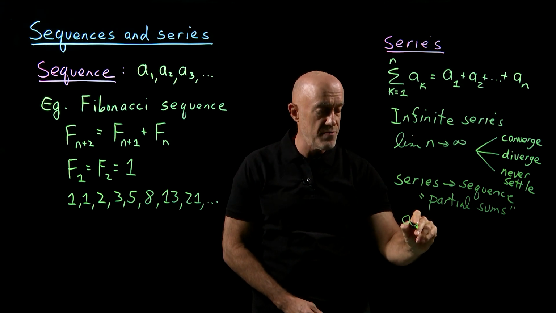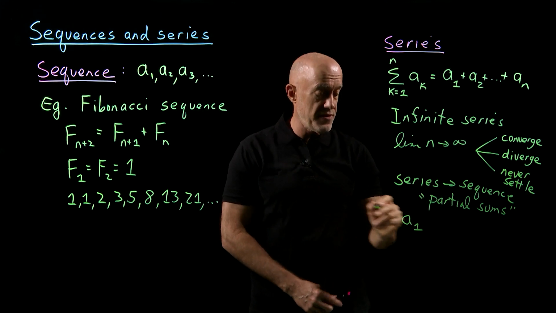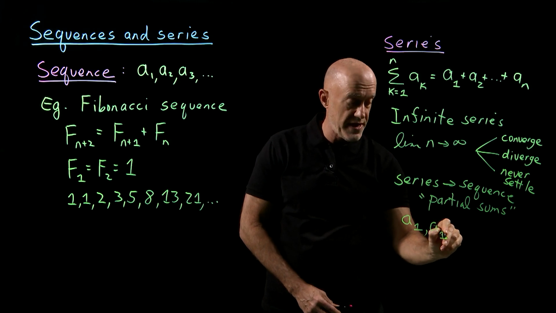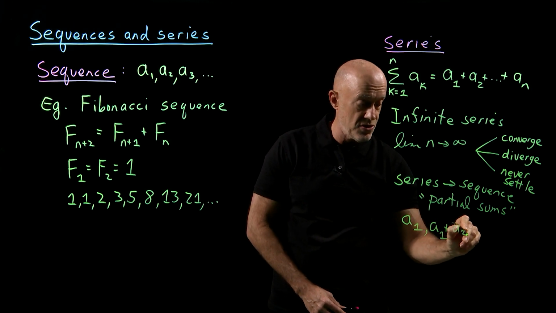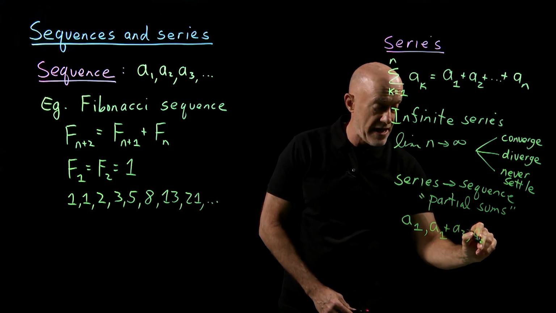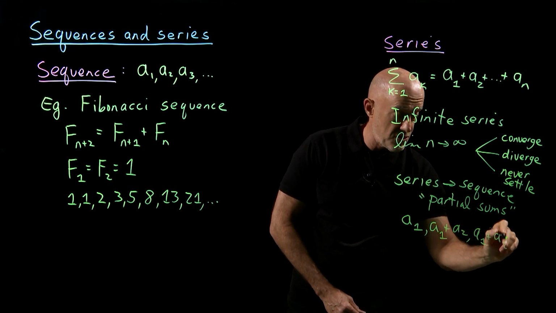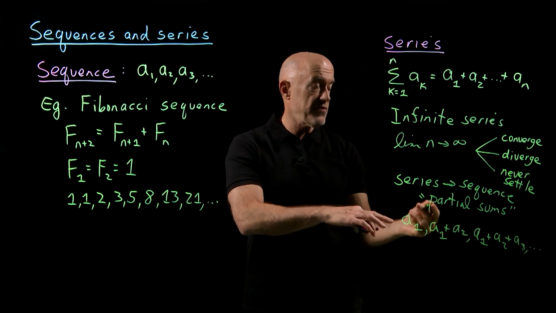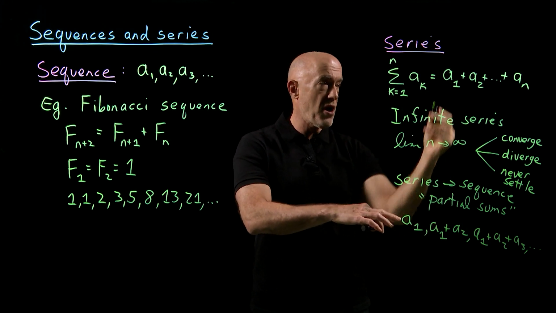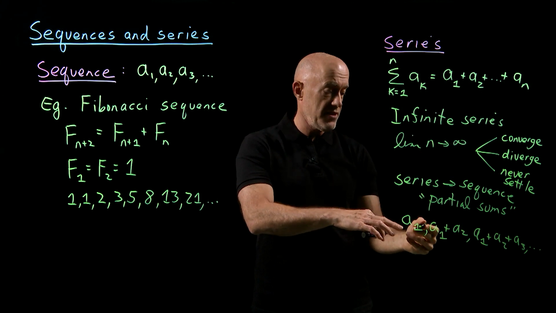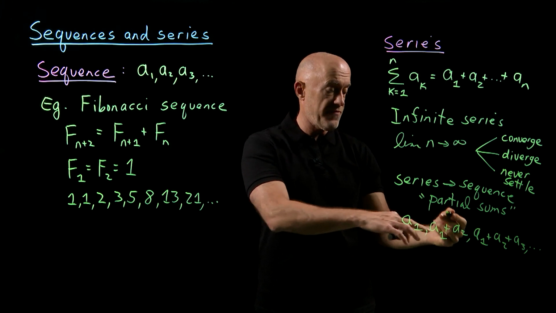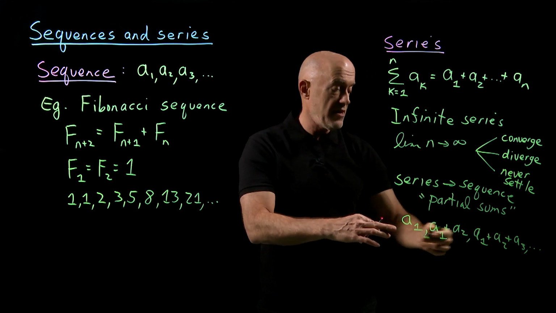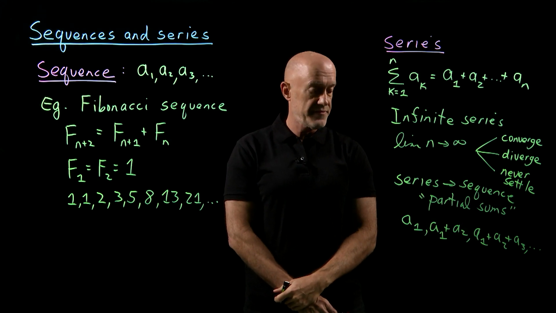Well, A1 would be the first term in the sequence, and then the second term in the sequence would be A1 plus A2, and the third term would be A1 plus A2 plus A3, etc. So we've converted the partial sums of this series, the first number, the sum of the first two, the sum of the first three, into a sequence.